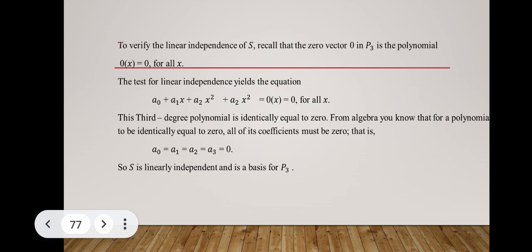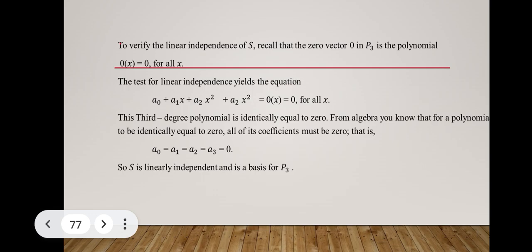The test for linear independence yields the equation. So we can see below that a sub 0 plus a sub 1x plus a sub 2x squared plus a sub 3x cubed is equal to 0x, and that is also equal to 0 for all x. This third-degree polynomial is identically equal to 0.